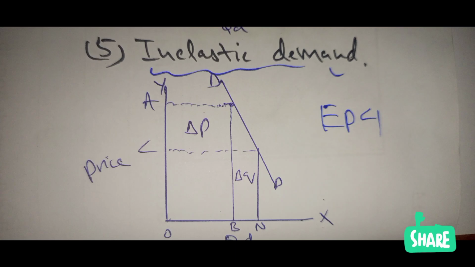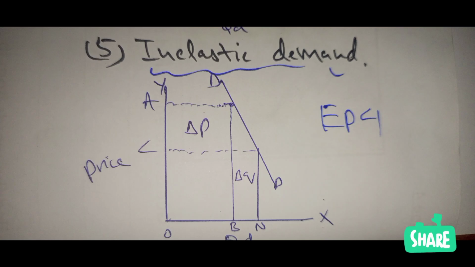When we divide the changes in demand by the changes in price, meaning 10% by 30%, then it becomes 1 by 3, which is equal to 0.33. Elasticity of demand is equal to 0.33.